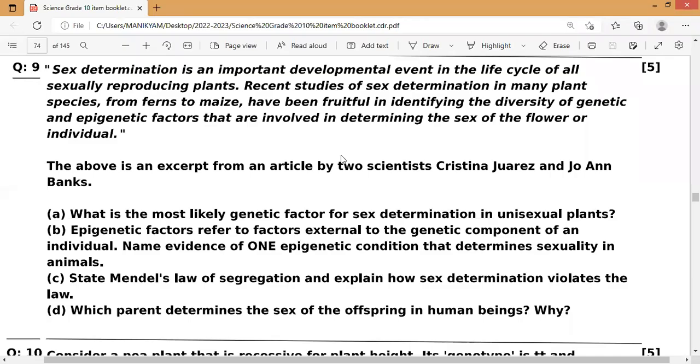Let us start with question number 9. They're saying that sex determination is an important developmental event in the life cycle of all sexually reproducing plants.